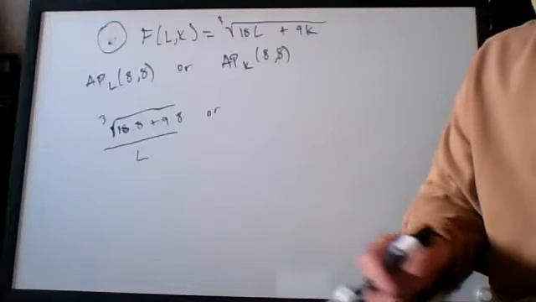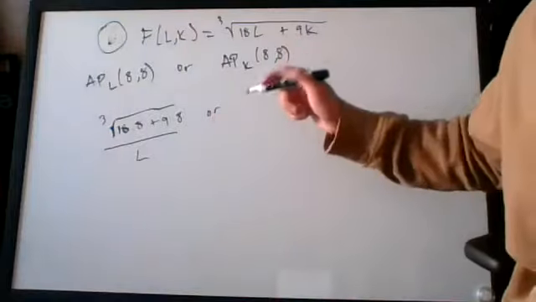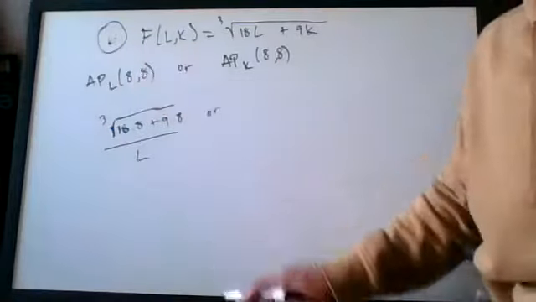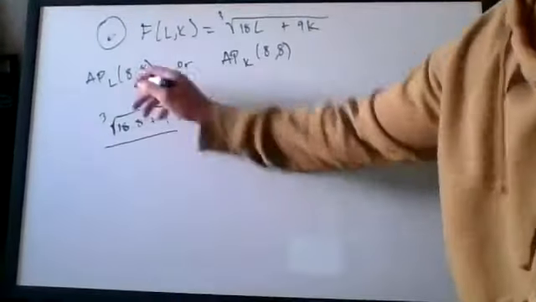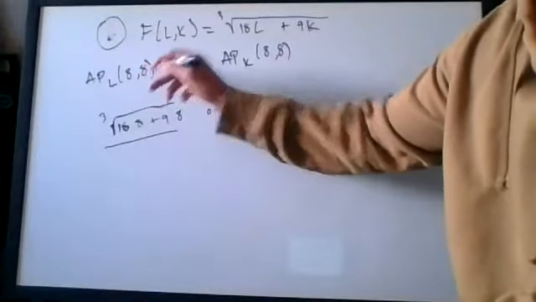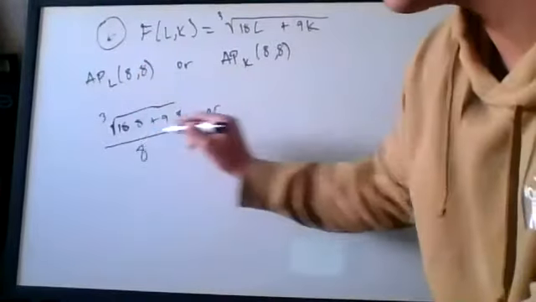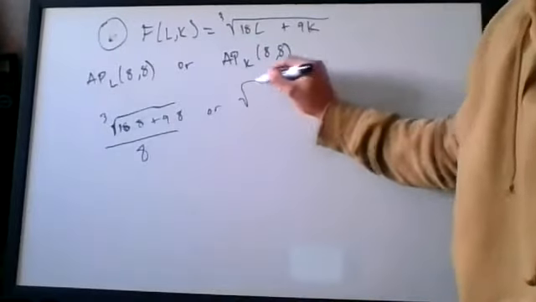Okay, so this is labor and this is capital. Because we know that the inputs are the same, meaning there's 8 units of this and 8 units of that, our equations are going to look basically the same.